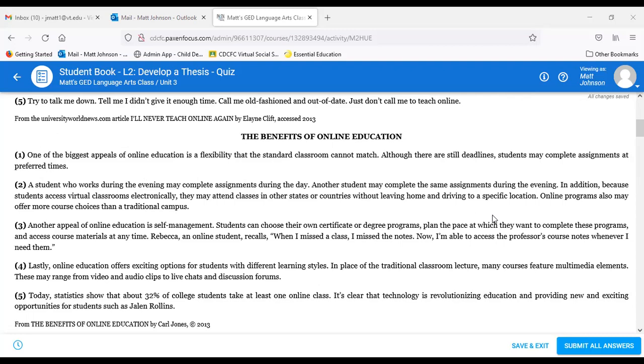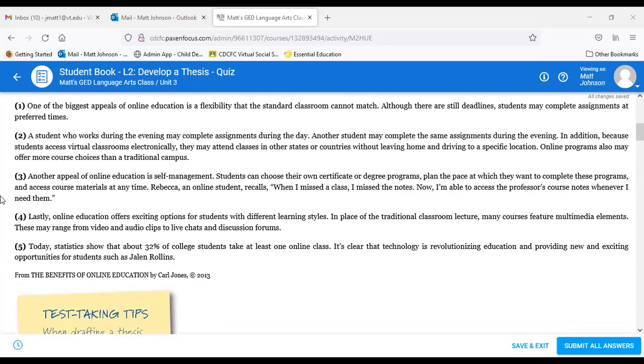So that goes along with the flexibility. That is his evidence for the flexibility. The next reason. Okay. Paragraph 3. Is it? No, that's all part of the first one, right? So the flexibility was his first reason. The evidence for flexibility is this idea about when students spend their time.